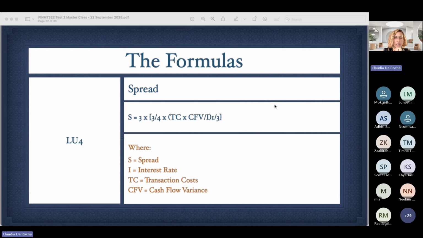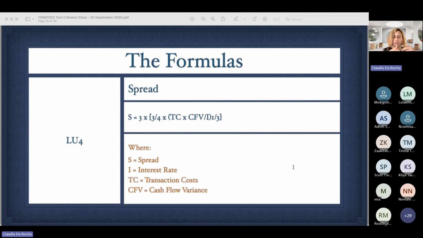The question in the chat is, must we memorize these formulas? Yes. A lot of these formulas don't actually exist in your textbook. These are ones that I've written out to help you answer the questions, because if you look at the examples and the answers at the back of your textbook, it just goes into calculations and doesn't give you a base as to how you should attack the question.